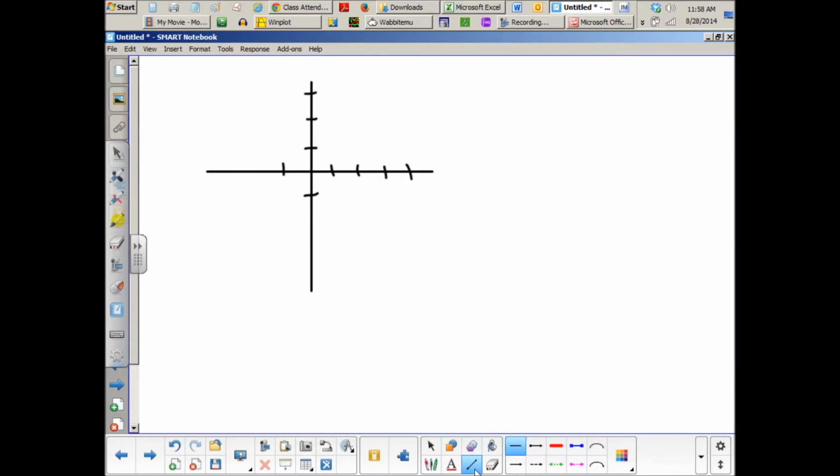And on this side, it's a line like that. And there's an open point right there. It passes through -1, -2. So you got that line there. This is -1 and -2.